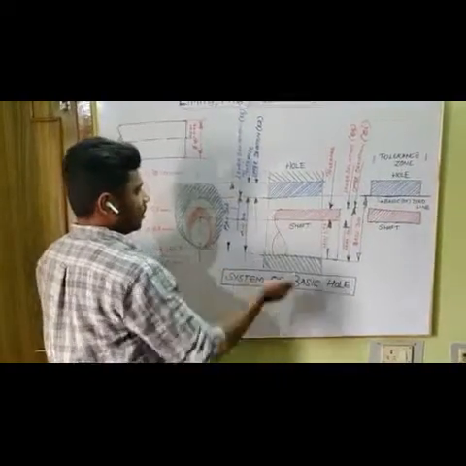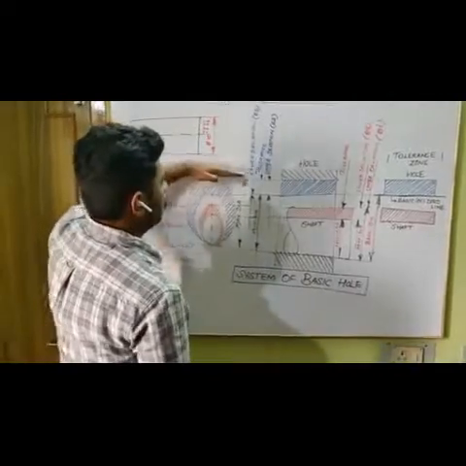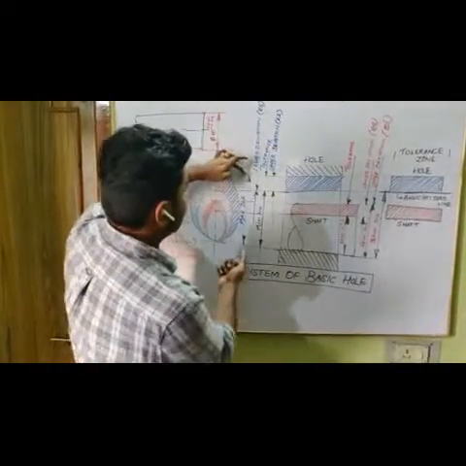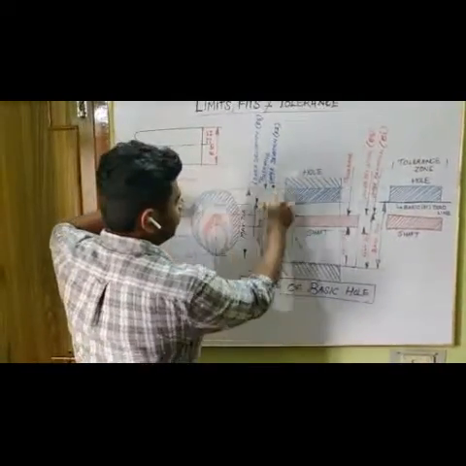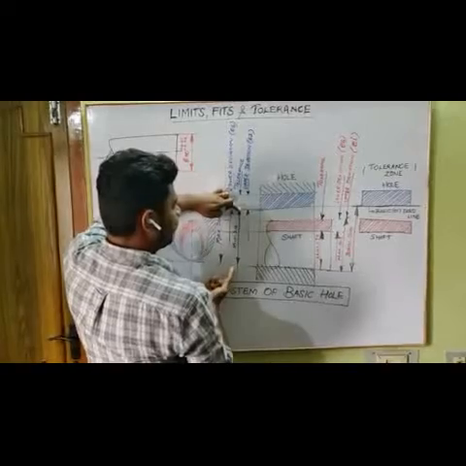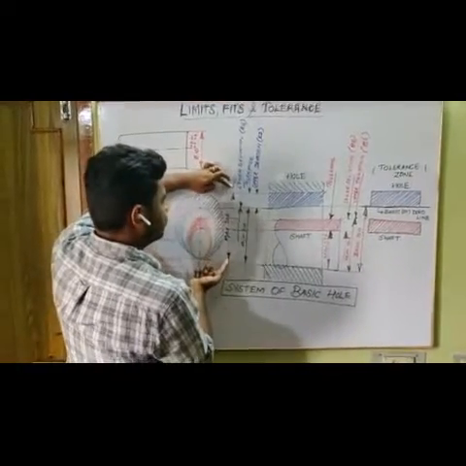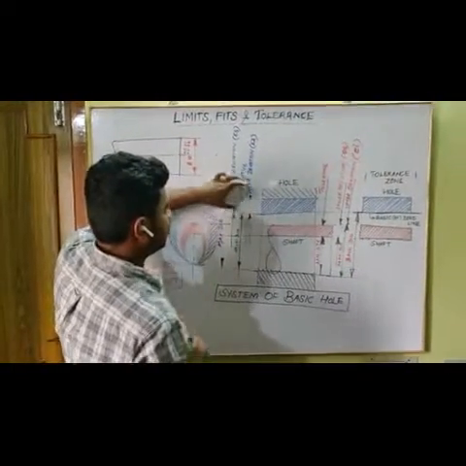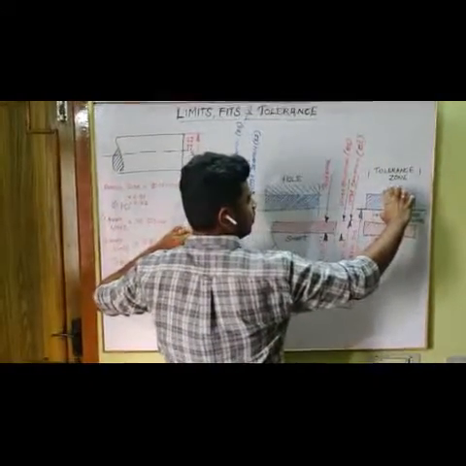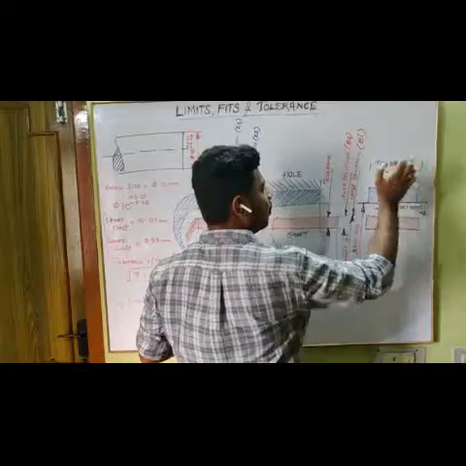In the same way for a hole, when the hole is produced at the upper limit, that is the maximum diameter. The same hole produced at the lower limit gives the minimum diameter. The difference between this maximum diameter and minimum diameter is called tolerance, so this is the tolerance zone for the hole.